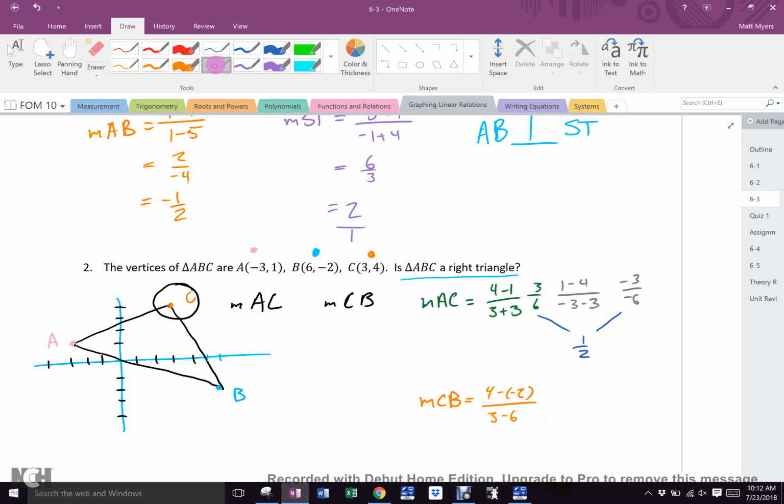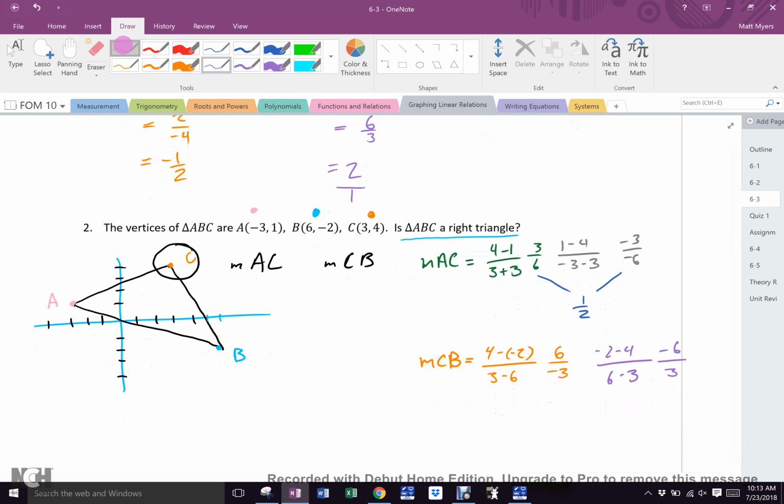Or negative 2 minus 4 over 6 minus 3. And that's okay because 4 minus negative 2 is 6, 3 minus 6 is negative 3, negative 2 minus 4 is negative 6, and 6 minus 3 is 3. And then they both give me negative 2.